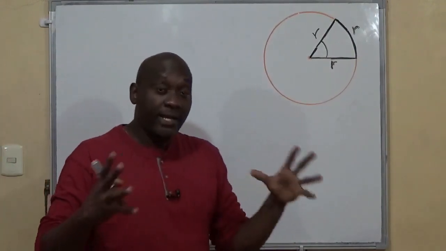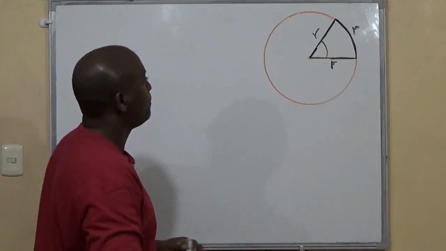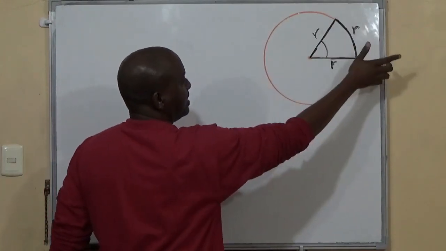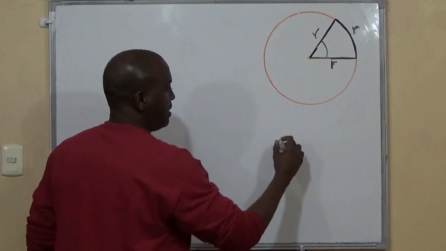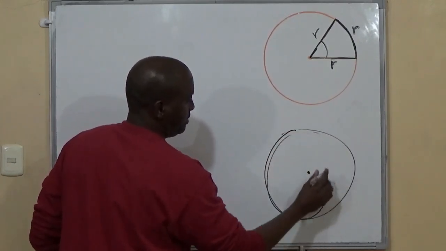Remember, in your regular degrees, forget the radians for now. In your regular degrees, for any sector of a circle, let me go general again. Don't mind the circle looking like a potato, small thing.